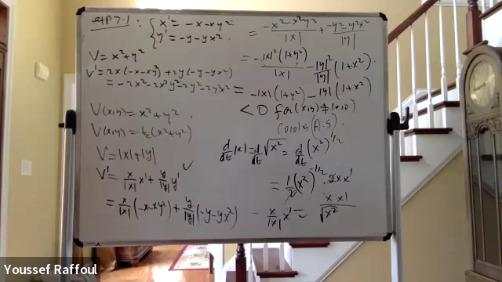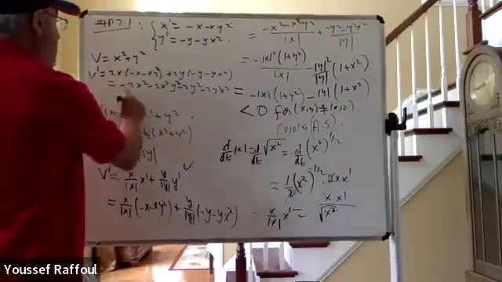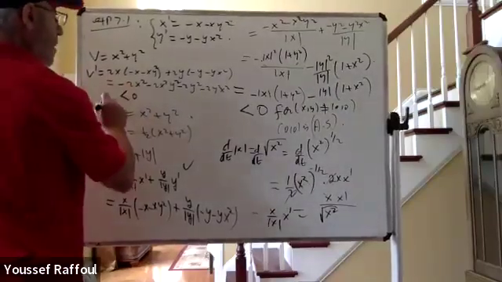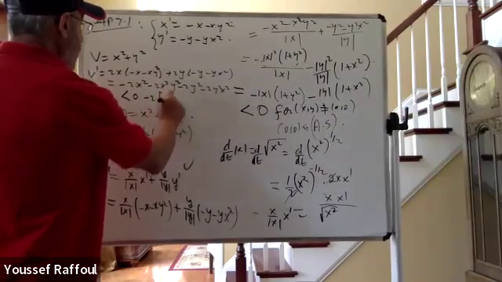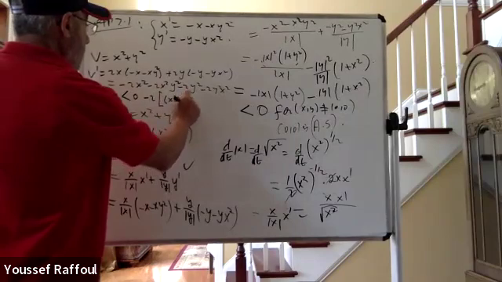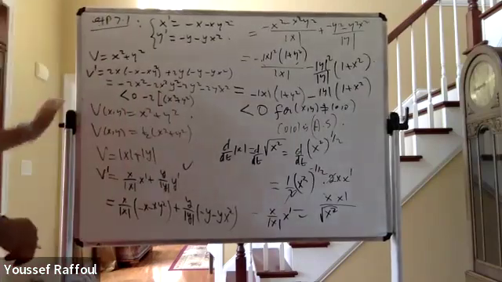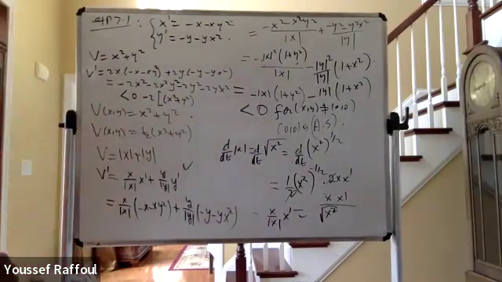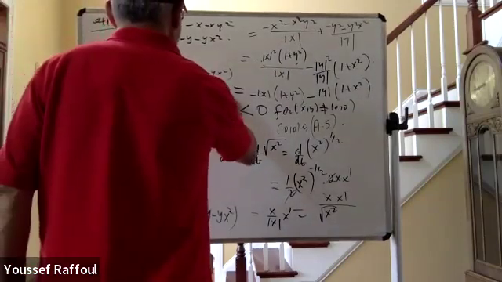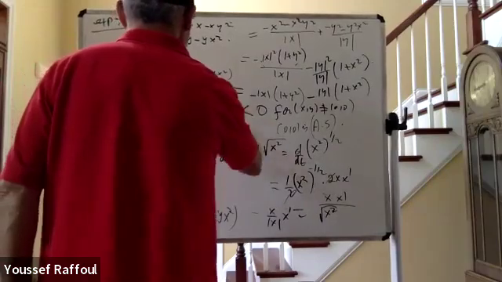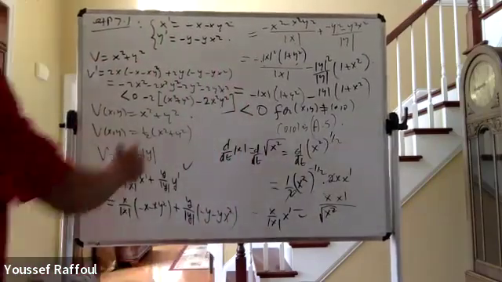So as you see, this is less than 0 because if you factor, this is minus of x squared plus y squared, minus 2x squared y squared.